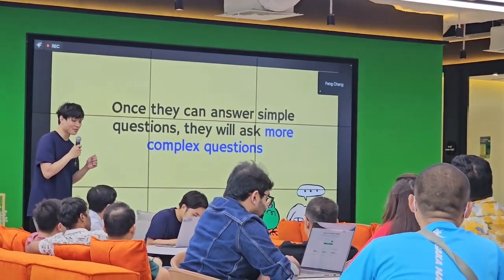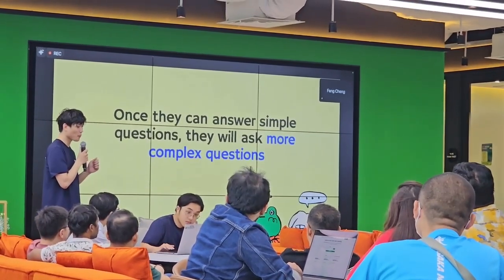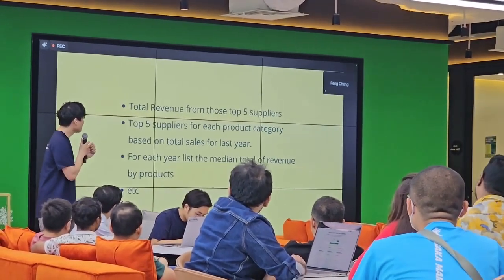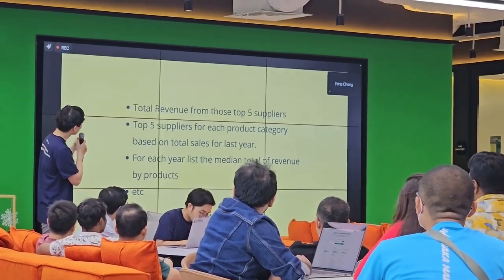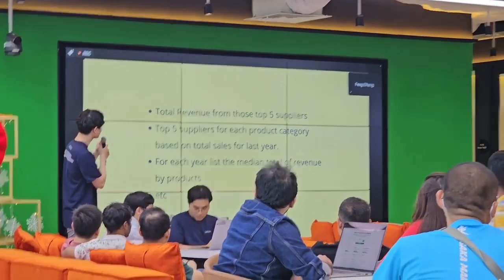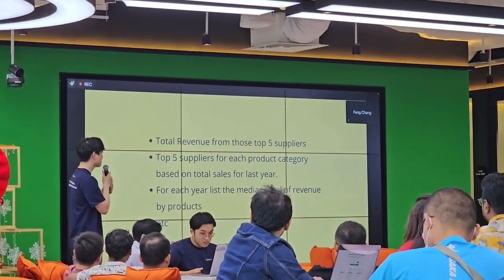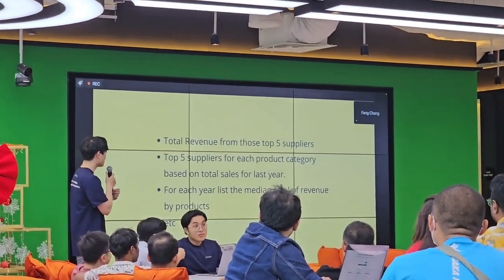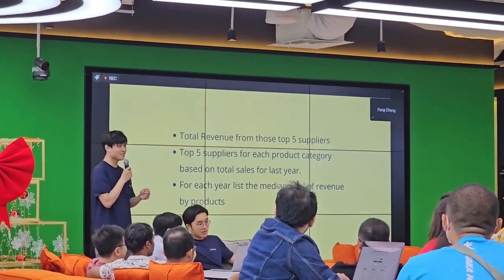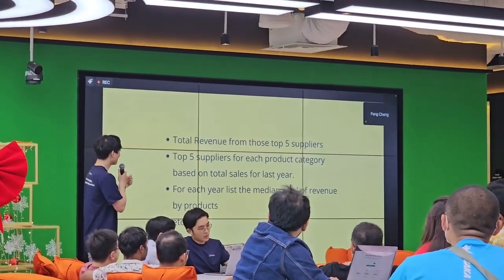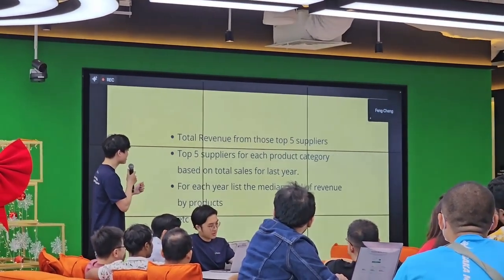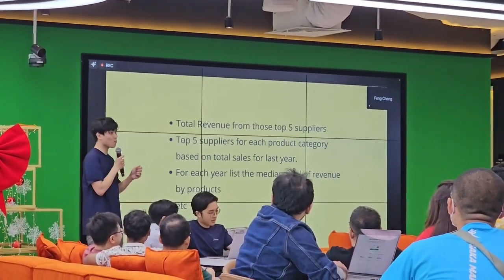So let's see some of those complex questions. Now see, they're very long questions, right? So: the revenue from the top five suppliers for each product category based on total sales last year. You can ignore that, but: for each year, list the median total revenue by products.